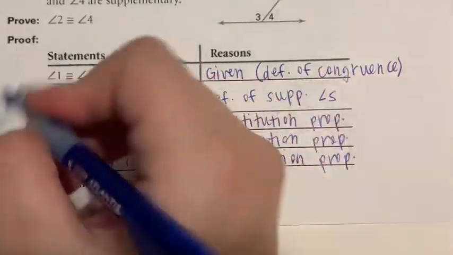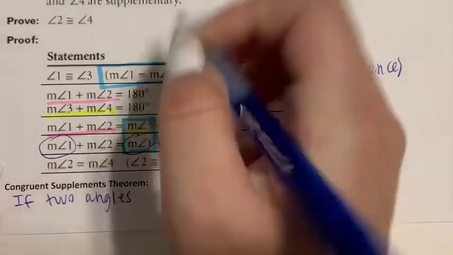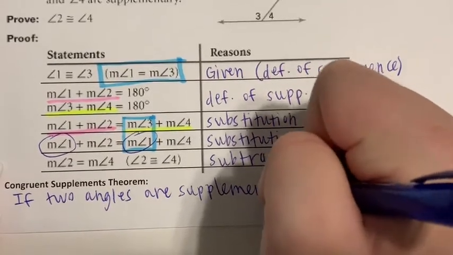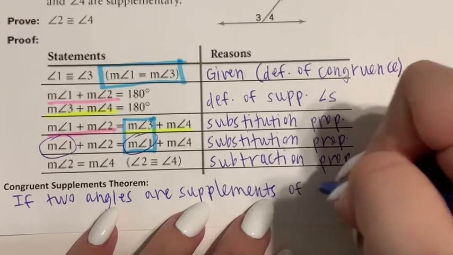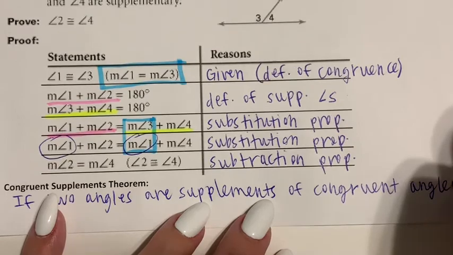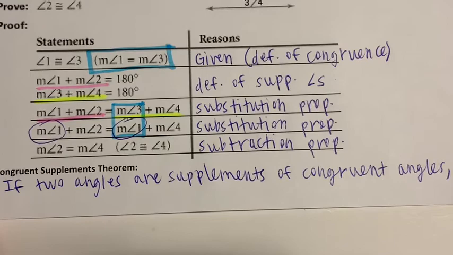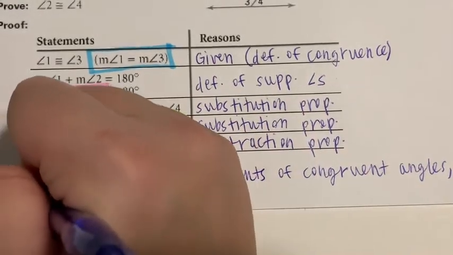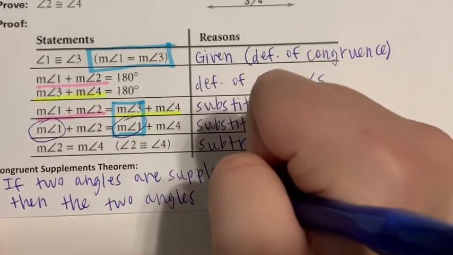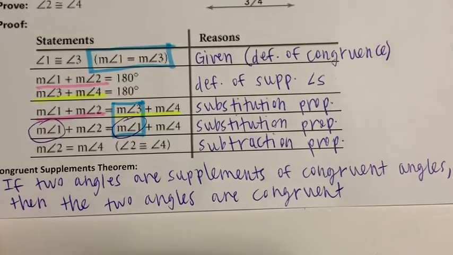What this says is that if two angles are supplements of congruent angles, then the two angles are congruent.